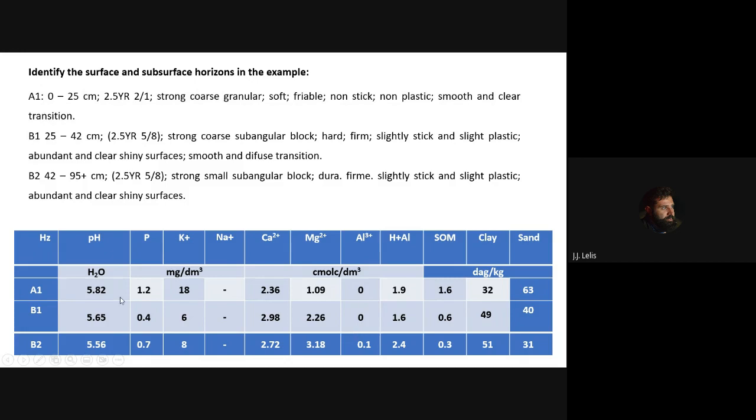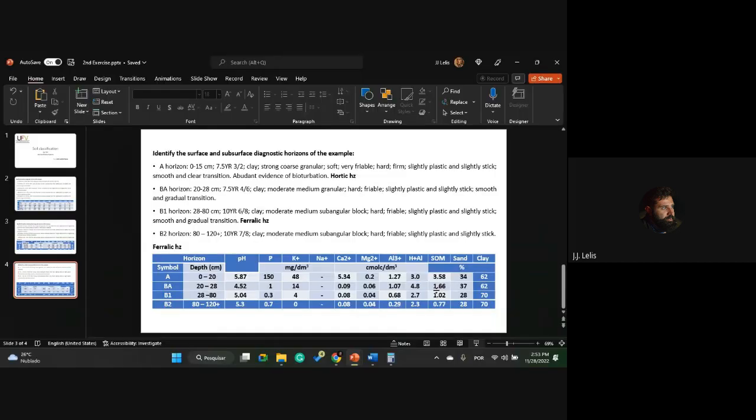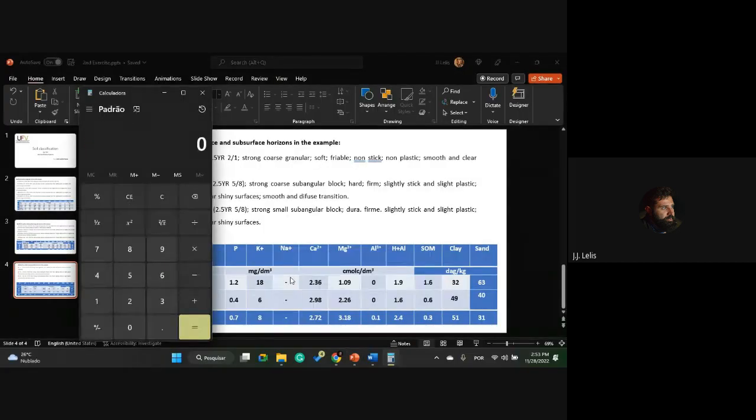I'm sorry. We possess a soil organic matter content that's low, it's not very high, and we can calculate, in this case, the organic carbon content. Let's do that again. So it's 1.6, and we should divide it by 1.724, so it's just 0.92. So it's not a high content of soil organic carbon.